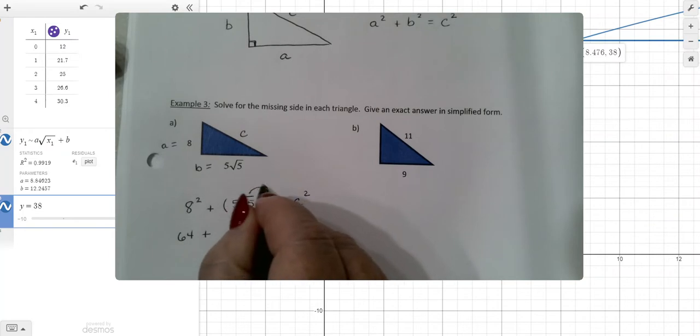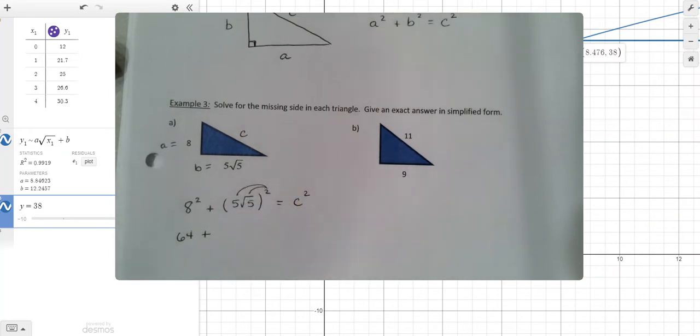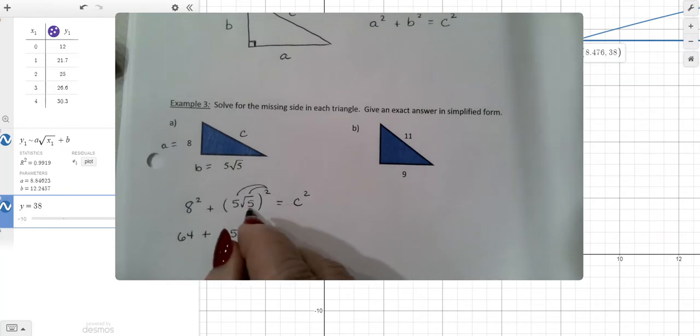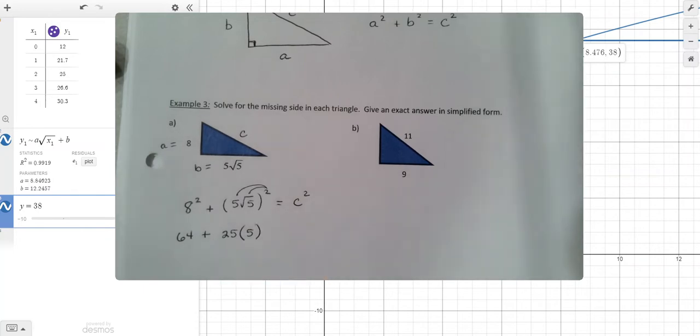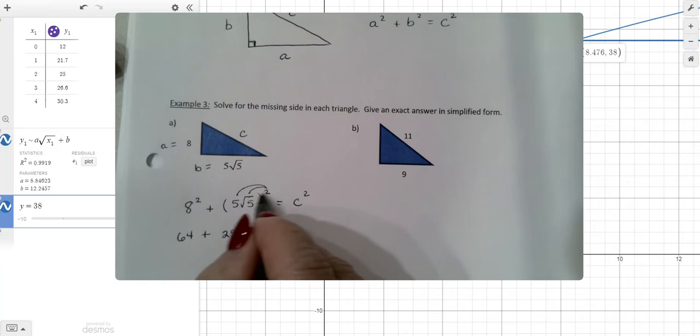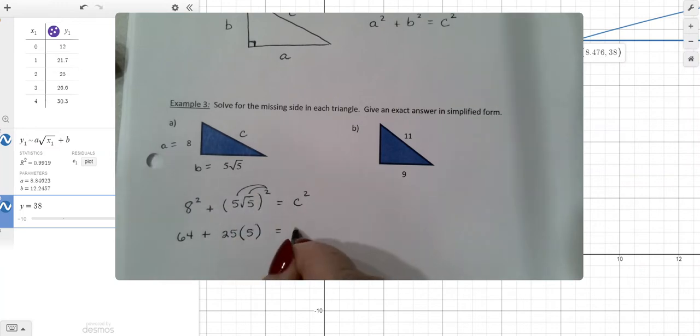I can apply that square to both factors here. So 5 squared is 25, multiplied by the square root of 5 squared, which would just be 5, right? Inverses there, equals C squared. 64 plus 25 times 5 is 189.